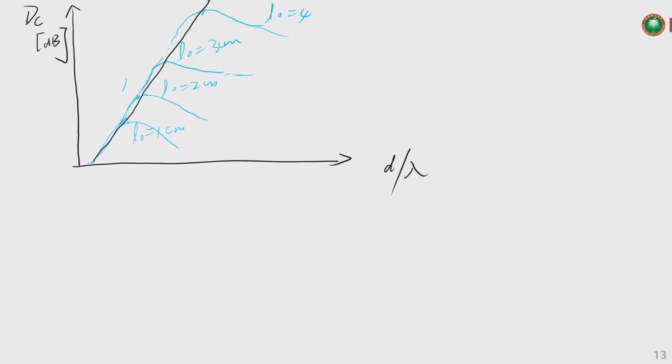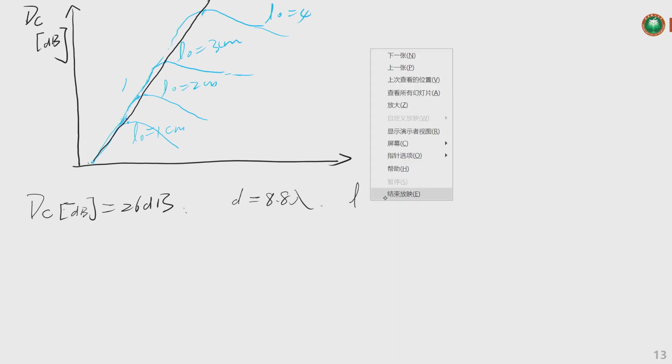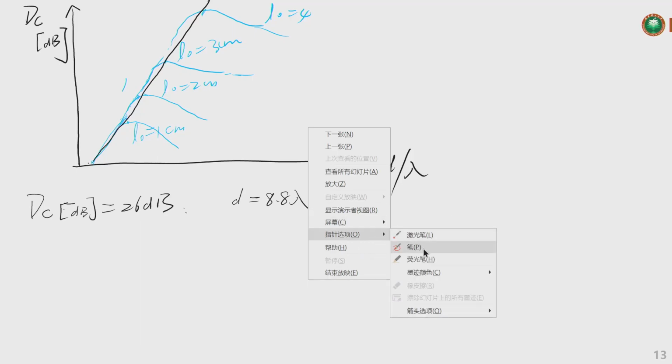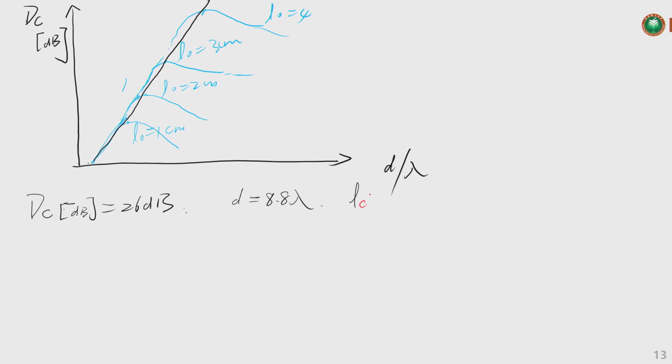For example, if we have a horn and we want the maximum, the optimum directivity equals 26 dB, we can get D equals 8.8 lambda, and also the LC, the slant length, is around 26 lambda. So we're going to get the maximum 26 dB.